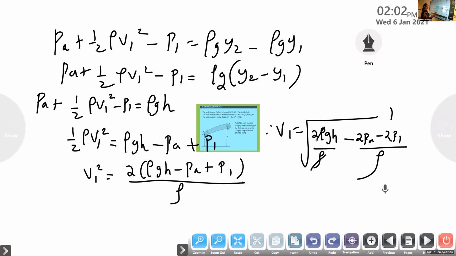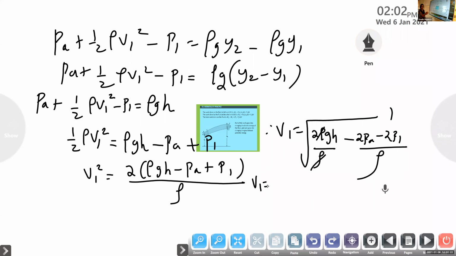Now one more rearranging. Therefore, velocity of efflux. V1 actually is the velocity of the efflux because we are taking the petrol through the opening of the petrol tank. So that is why the application for it.